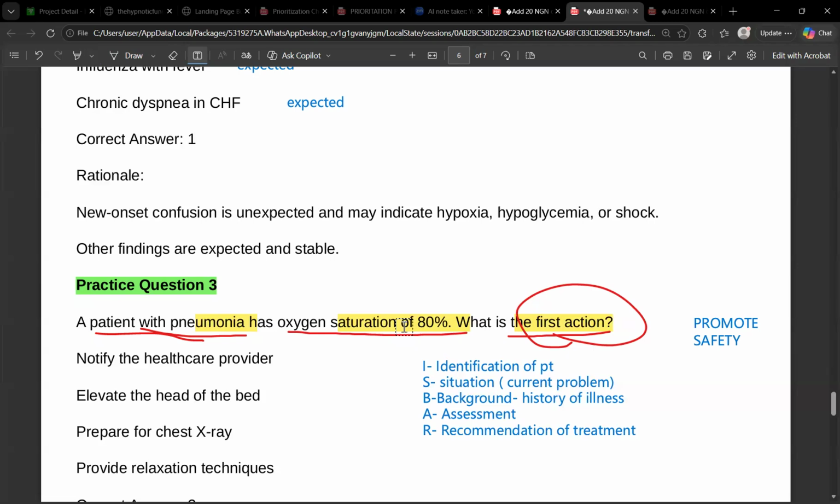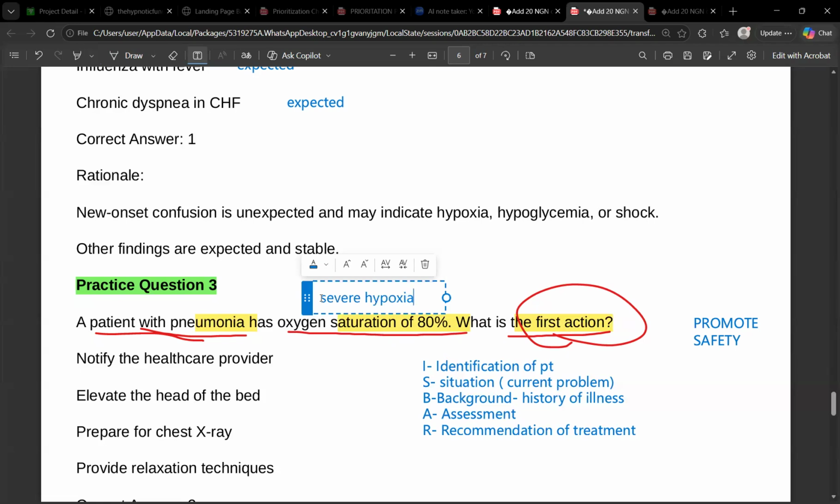Chest x-ray, we need to prepare it, but is it the first action? You have to think always. The keyword should be in your mind. The x-ray is actually needed, but here the client is experiencing severe hypoxia, so we need to do something to manage the severe hypoxia.